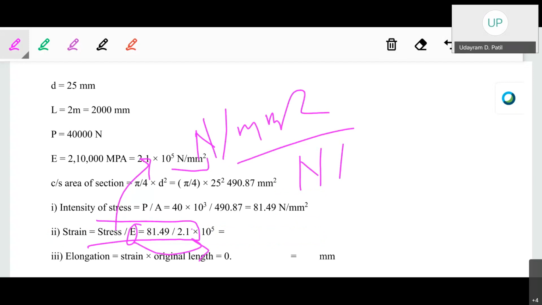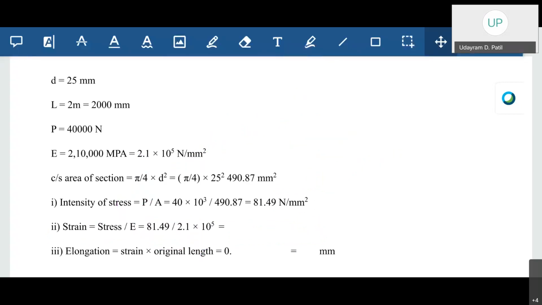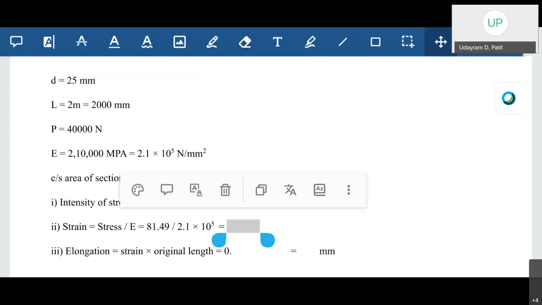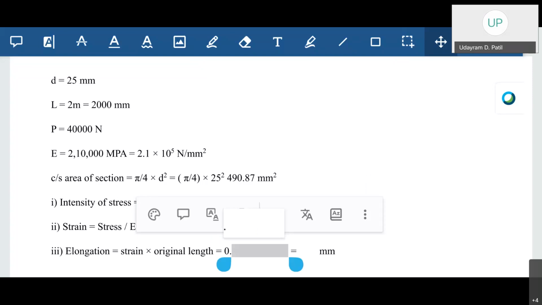So both of them will cancel, therefore no unit for the strain. So for the strain, the value will be 0.0038.